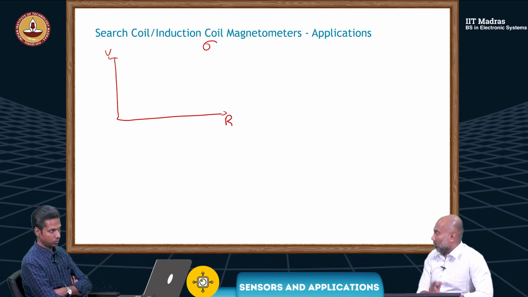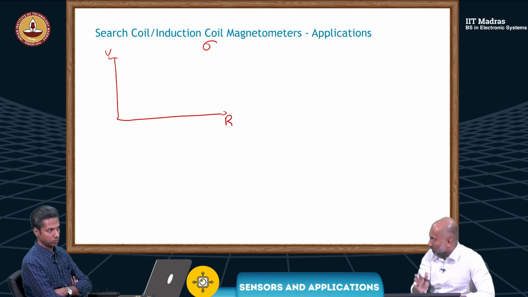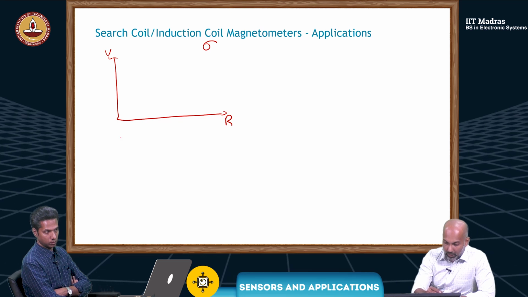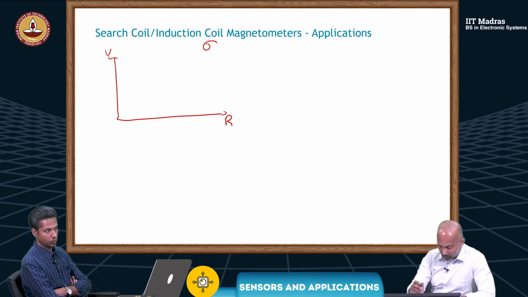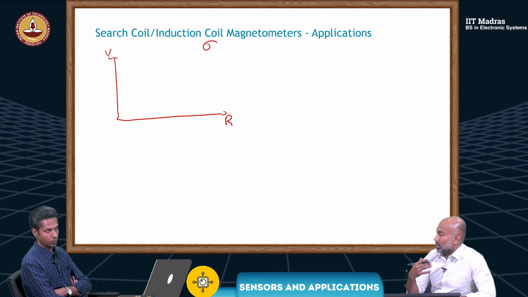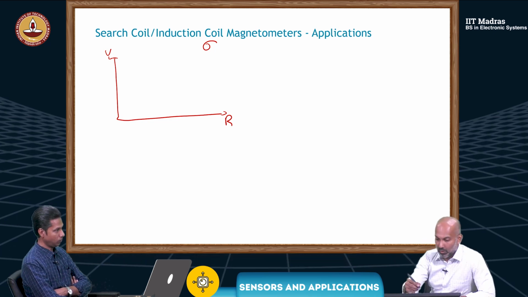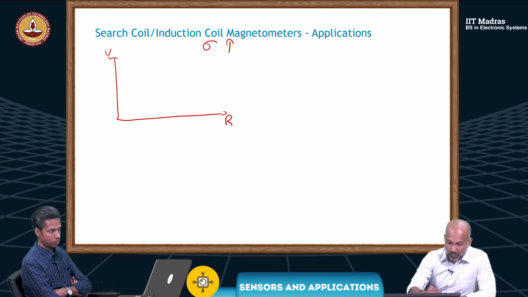Now, if we plot VL and R, we have this impedance plane. If we plot the impedance curves for these materials, let's say you're starting with a low conductivity value and you're increasing the conductivity.